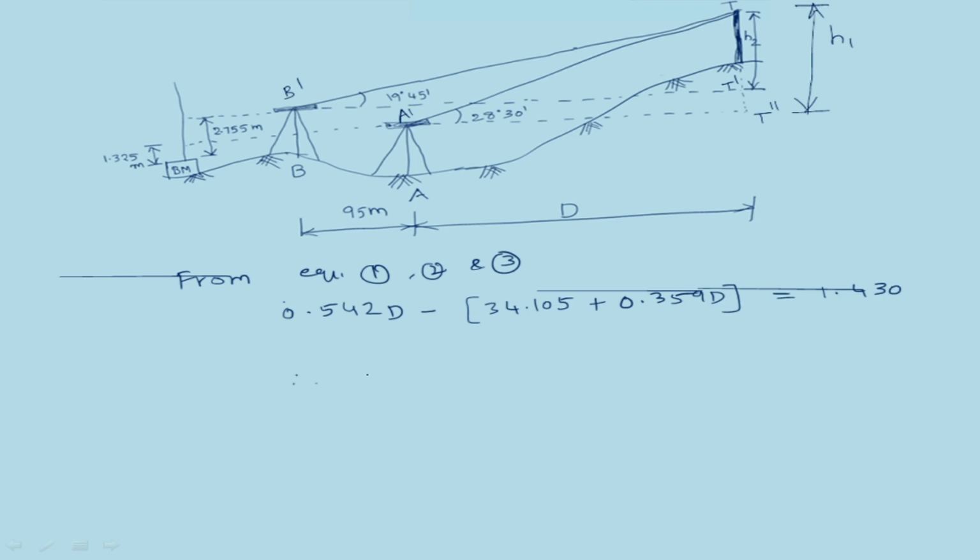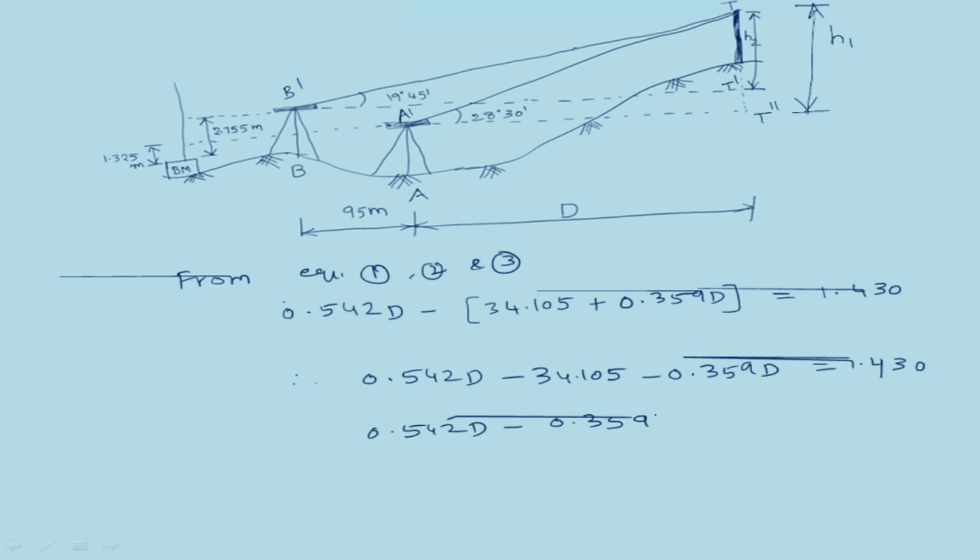Therefore 0.542D minus 34.105 minus 0.359D is equal to 1.430. 0.542D minus 0.359D is equal to 1.430 plus 34.105.